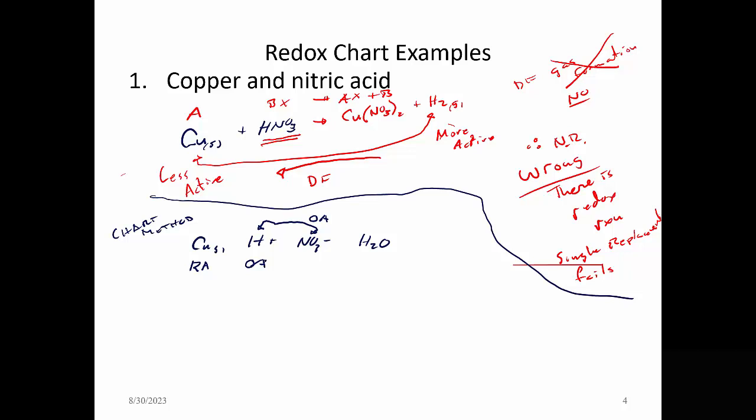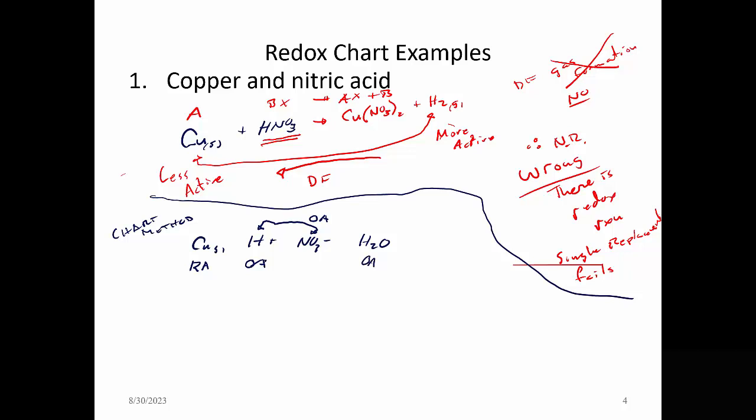And then water, what side does water occur on? The left side or the right side? Left side. Do you see it's at the bottom left? If it's at the bottom left, does it mean that it's the worst oxidizer? No, it doesn't.